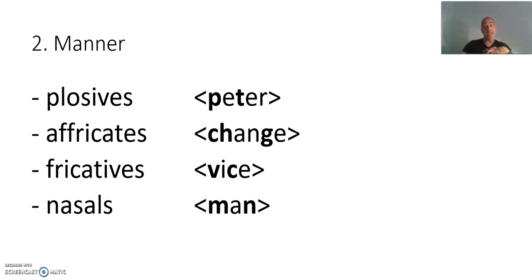And then you have the nasals, where the air does not leave your mouth but your nose. The mouth is closed, but the air goes through your nose. So these would be the four main manners of articulation. There are others. I will refer to them in passing.